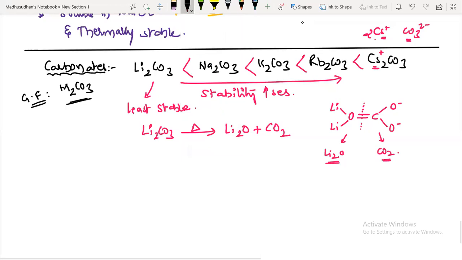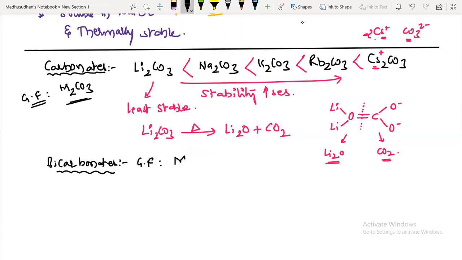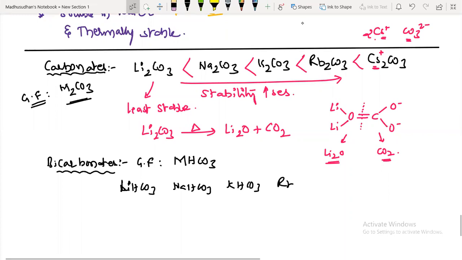Okay. So next, I'll talk about bicarbonates. The general formula of a bicarbonate is MHCO3, metal bicarbonates, and their stability also increases down the group. So take lithium, sodium, potassium, rubidium, and cesium bicarbonate.